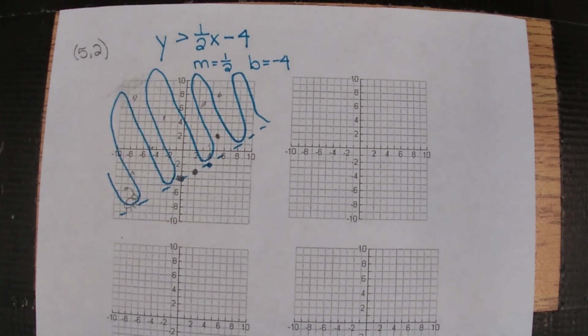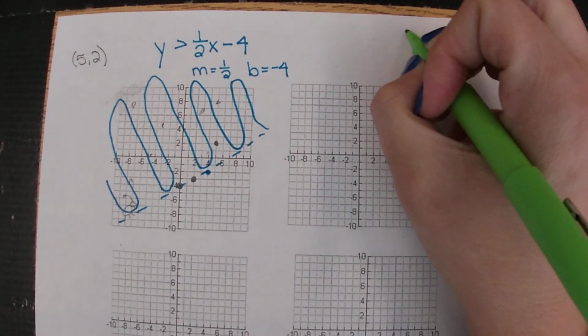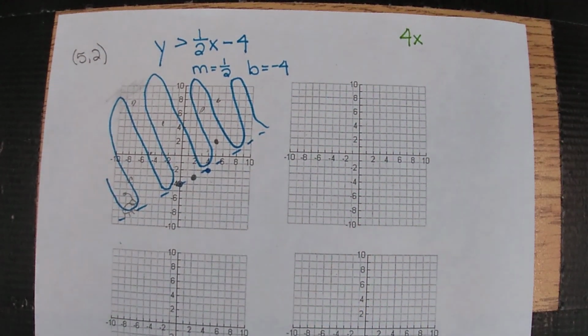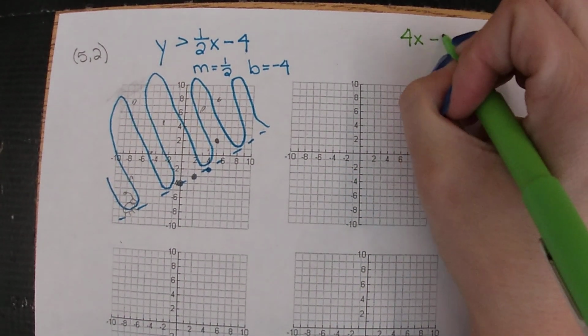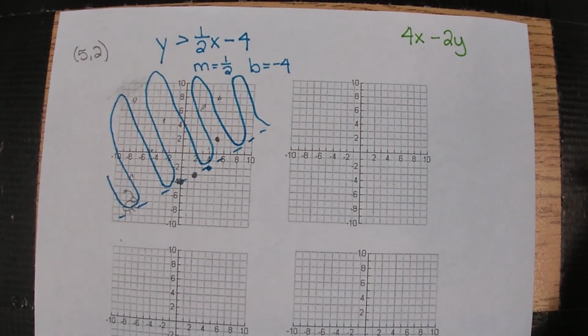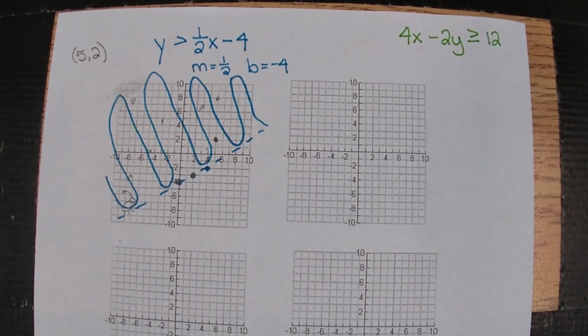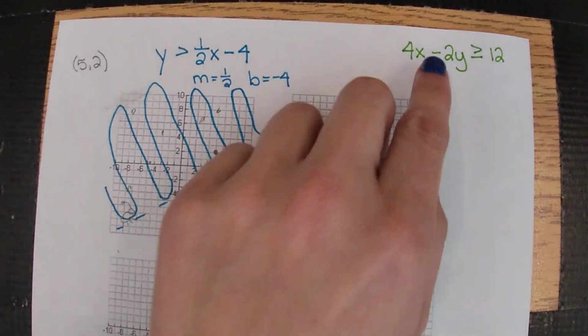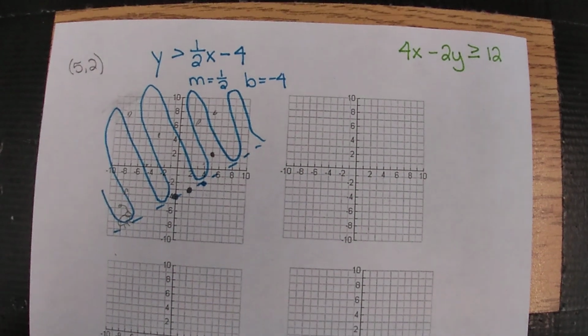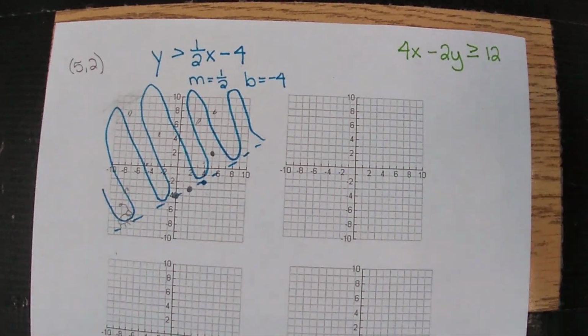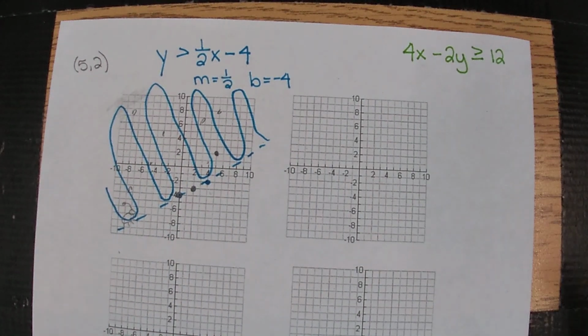Okay, so let's say we're given something like 4x minus 2y is greater than or equal to 12. This is not solved for y, so we cannot graph in this format. Even if you say, well, it's standard form, could I cover up?